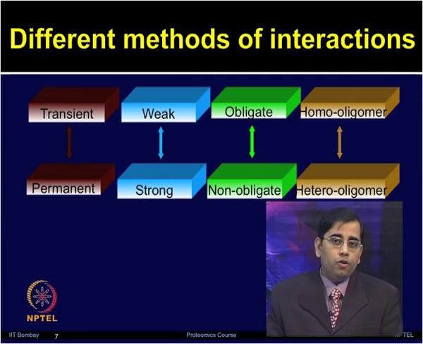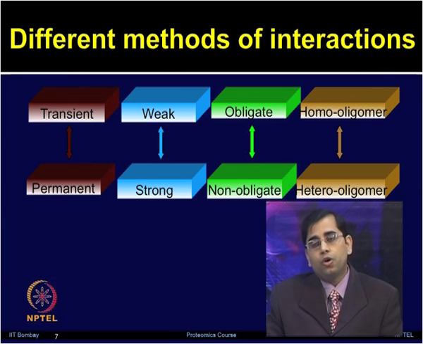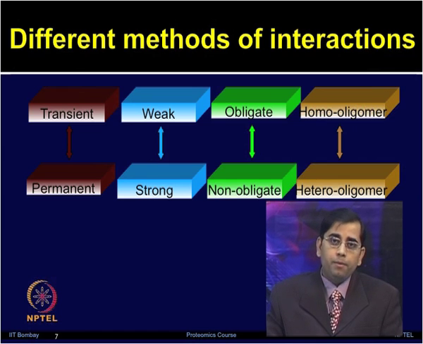So, there are different methods of studying interactions, because interactions occur in various ways. There are a few interactions which are very transient, that will be for a very short duration, whereas other interactions could be permanent, which may alter the activity.